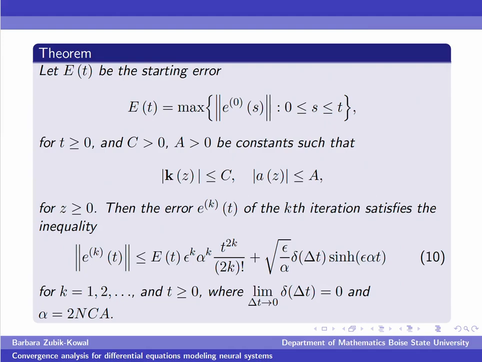Now, if the function e(t) denotes the maximum error over the interval from 0 to t and over all indices from 1 to n, then we get the error band written as inequality 10. Here, the little delta converges to 0 as the big delta tends to 0.